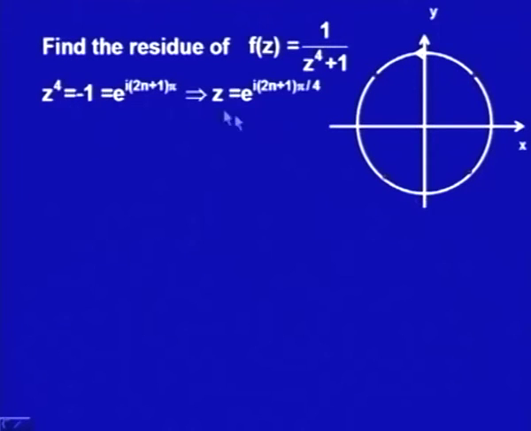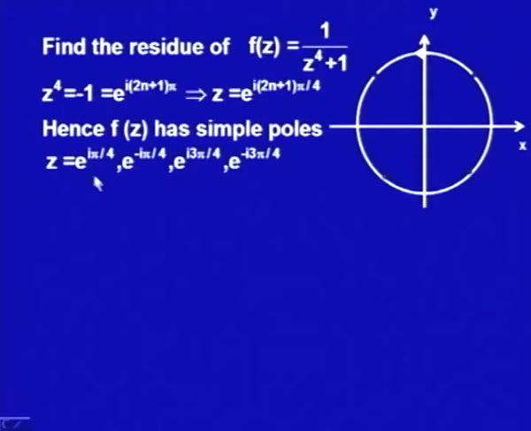Since it is a polynomial of degree 4, it will have only 4 zeros. Those 4 zeros are e to the power i pi by 4, e to the power minus i pi by 4, e to the power i 3 pi by 4, and e to the power minus i 3 pi by 4. All these zeros are simple zeros, so my f(z) would have simple poles at these points.